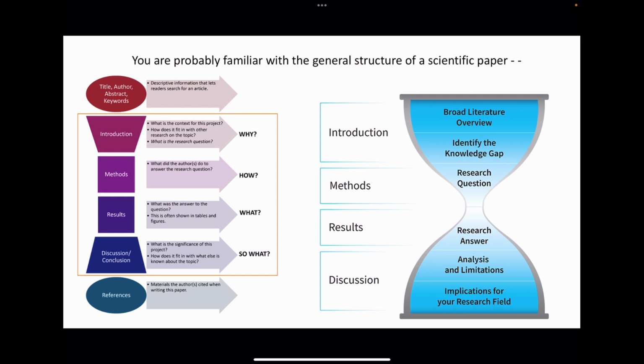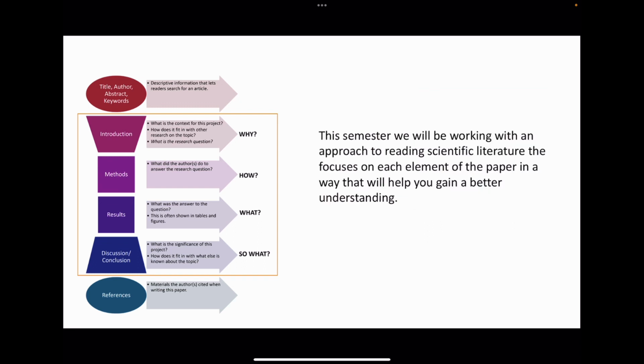So I would just take a look at these descriptions if you are forgetting how to do that, or maybe if you haven't read one in a while. But what we're going to do is focus on each element of the orange box that you see right there, and see how we can use the skills that I'm going to teach you to get information from it.